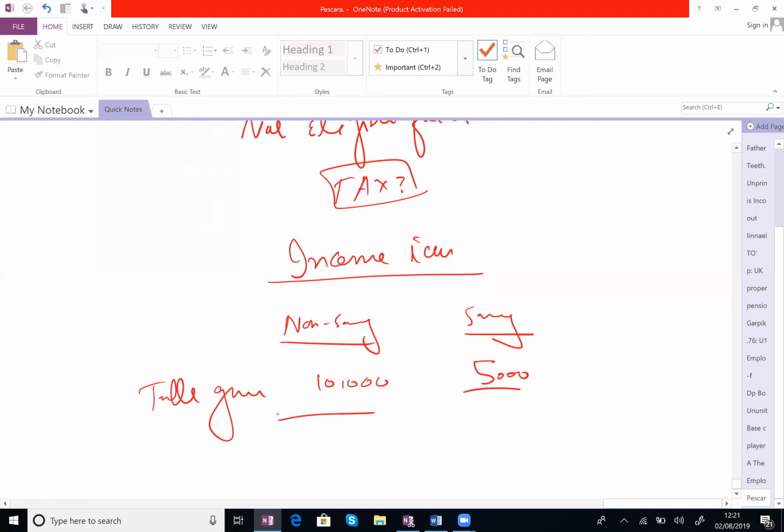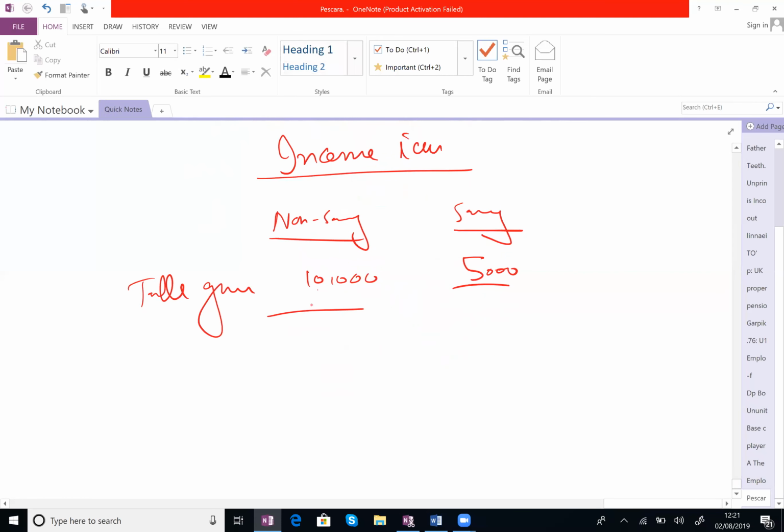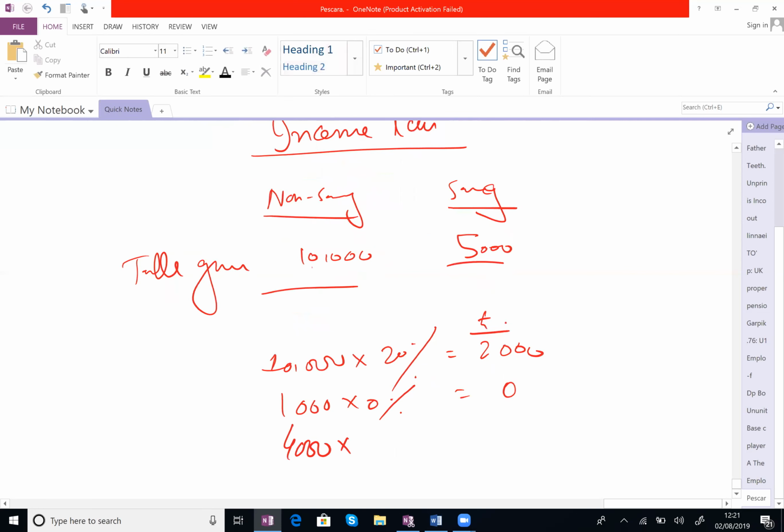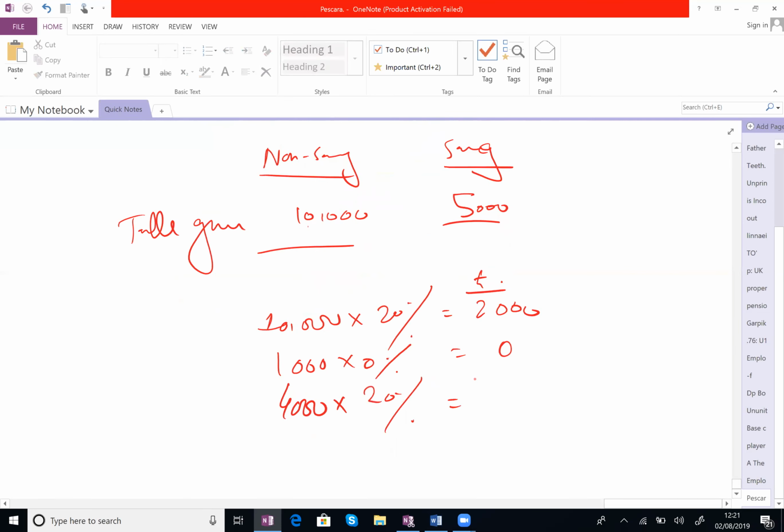Now apply the rates. 10,000 non-savings income is covered in the basic band, rate is 20%, which equals 2,000. On savings, we are in the basic band, so 1,000 nil rate band is available, and on the remaining 4,000 the rate is 20%, which is 800. Total income tax liability is 2,800. Clear?